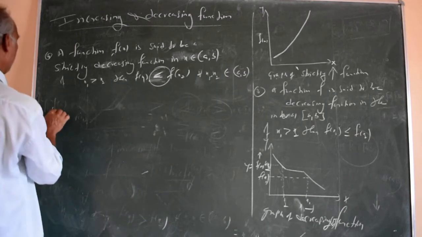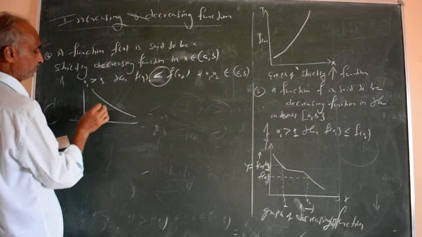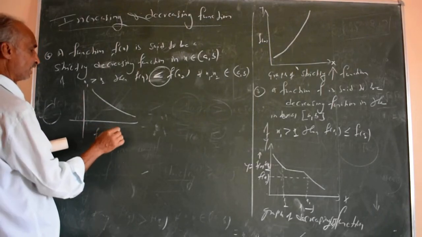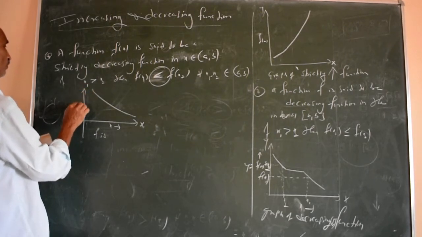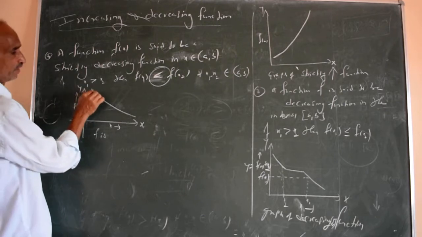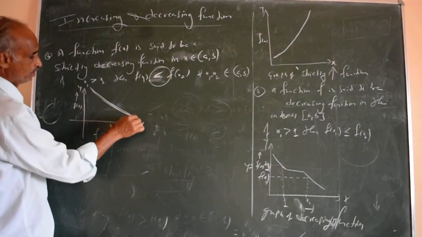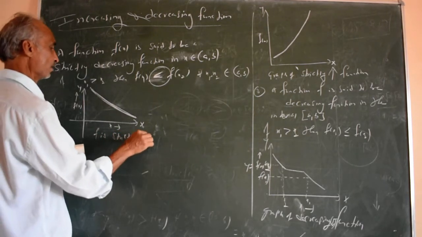Let's draw the graph. This is the graph where f is strictly decreasing. These are x values, and here are f of x values. On the y-axis, f of x values are taken. If the graph is strictly heading downwards, f is strictly decreasing. Understood?